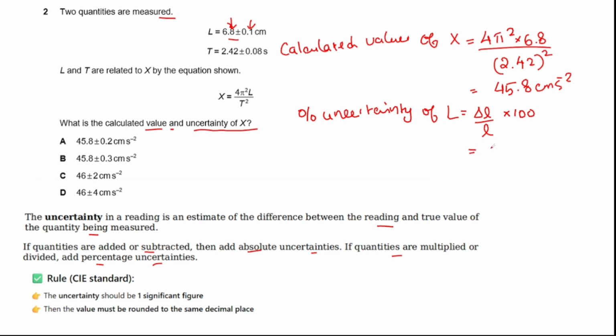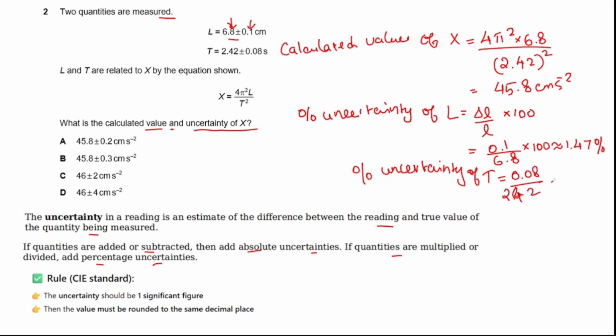So it's 0.1 divided by 6.8 multiplied by 100, which is nearly equal to 1.47 percent. Similarly, the percentage uncertainty of the T value is 0.08 divided by 2.42 multiplied by 100, so that's 3.31 percent.